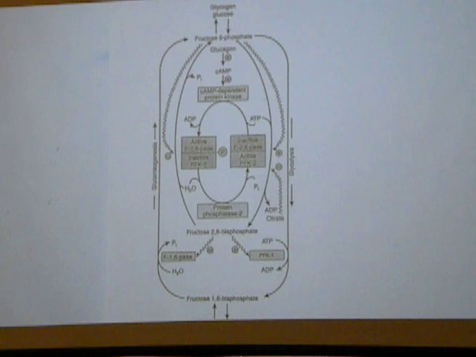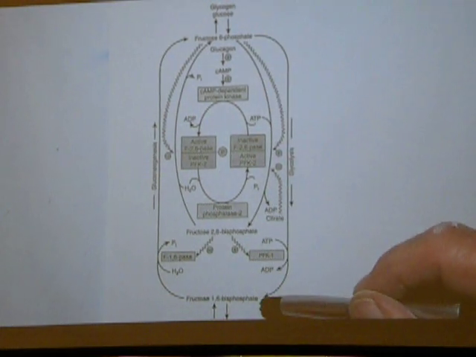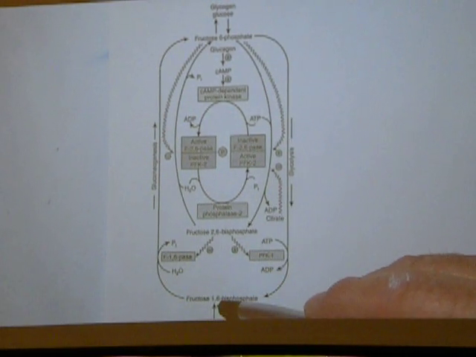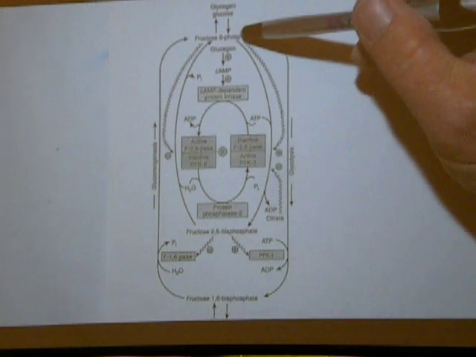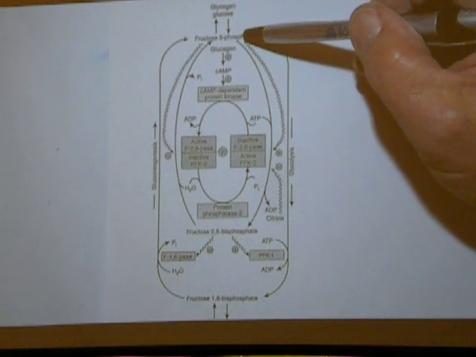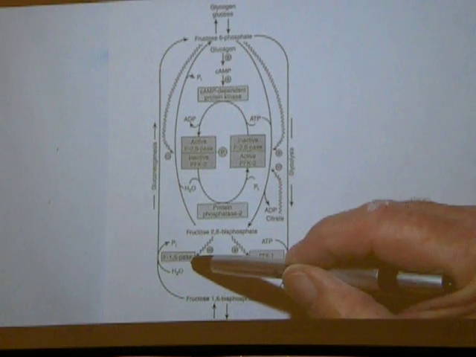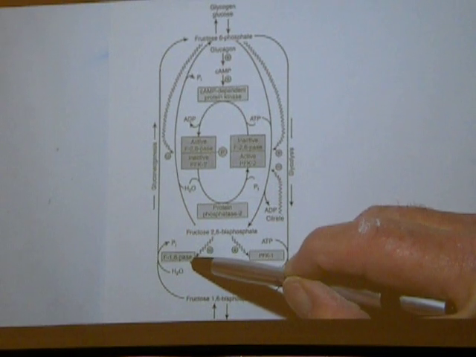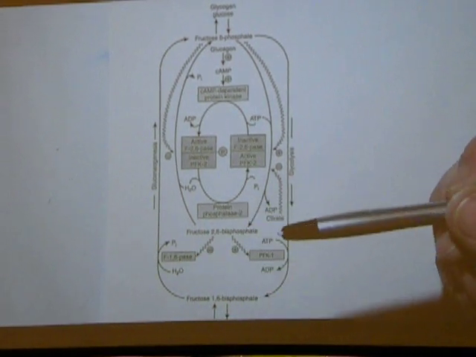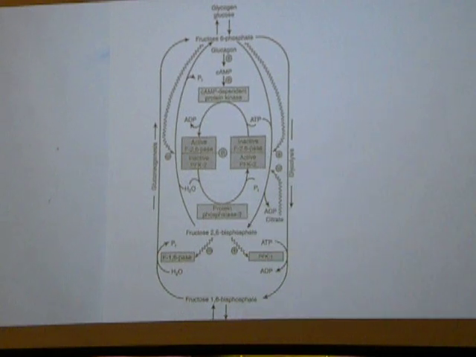We got fructose 1,6-bisphosphate that came from pyruvate. We're headed for fructose 6-phosphate. We're going to use fructose 1,6-bisphosphatase to do that. There's a number of allosteric controllers.